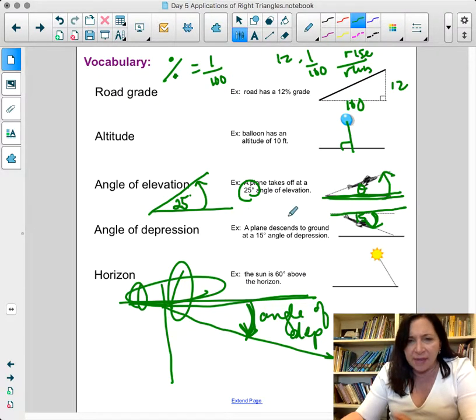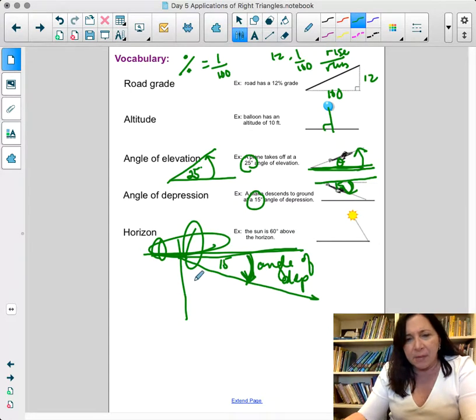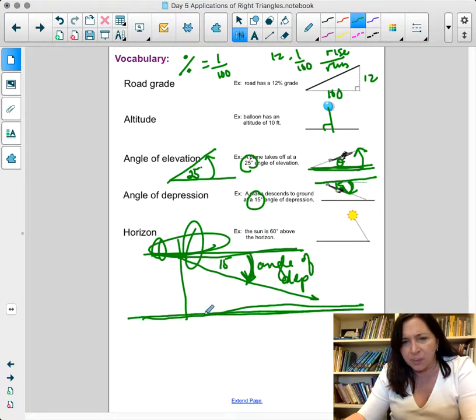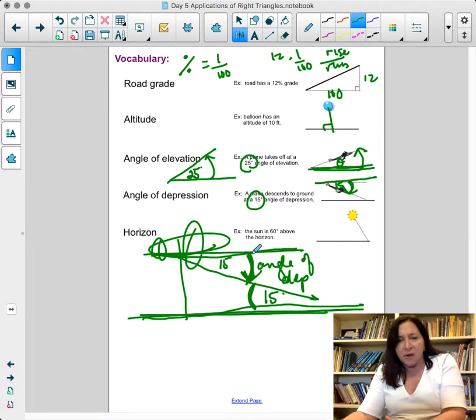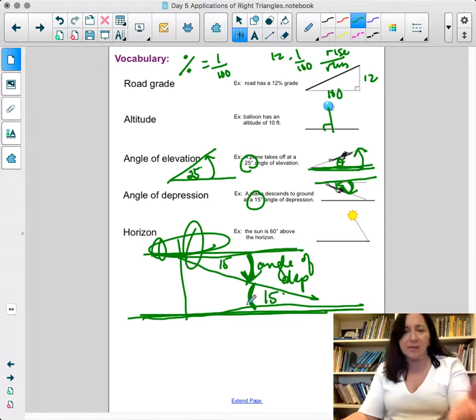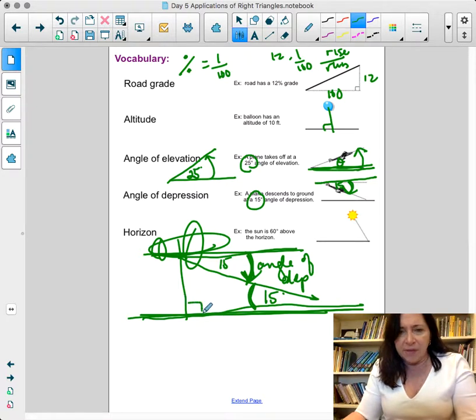So let's say that angle of depression is 15 degrees here. Keep in mind that angle based on my ground, which is also horizontal. This angle here is the same value as this here. So really, realistically, the angle of depression is the same as the angle of elevation, based on the right triangle.